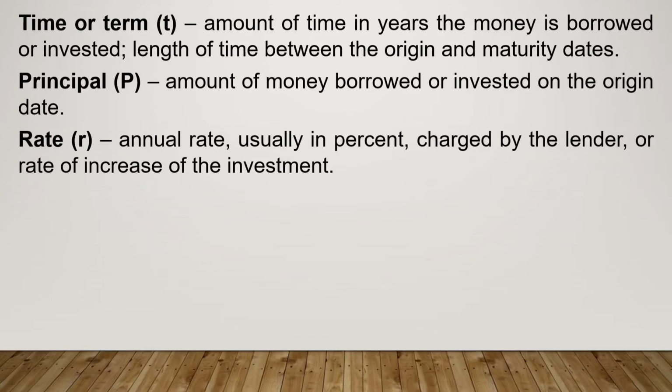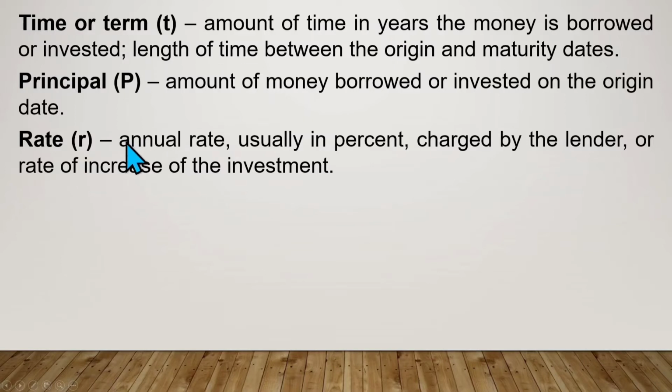Next, we have the rate or small letter r. It is the annual rate, usually in percent, charged by the lender, or the rate of increase of the investment. It is usually written in percent. Note the words annual rate, because the time or term is in years.